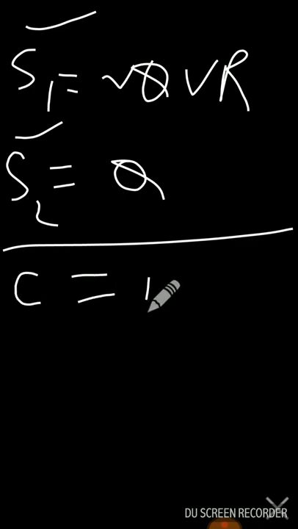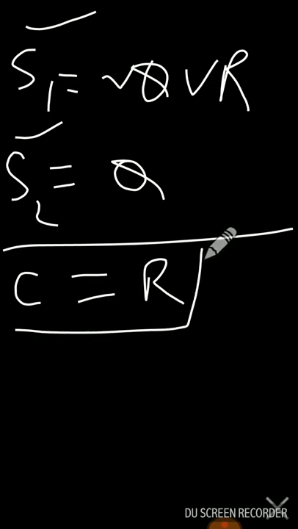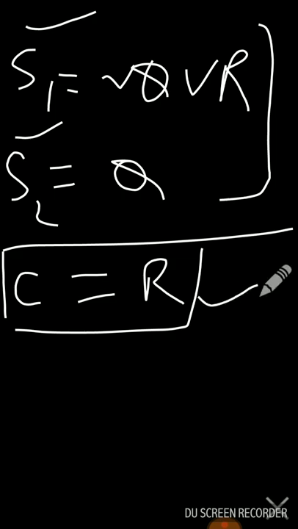Suppose C is the conclusion we have from these two statements. How can we prove that? This is a conclusion, and I have told you to consider the negation of this, so negation of R.